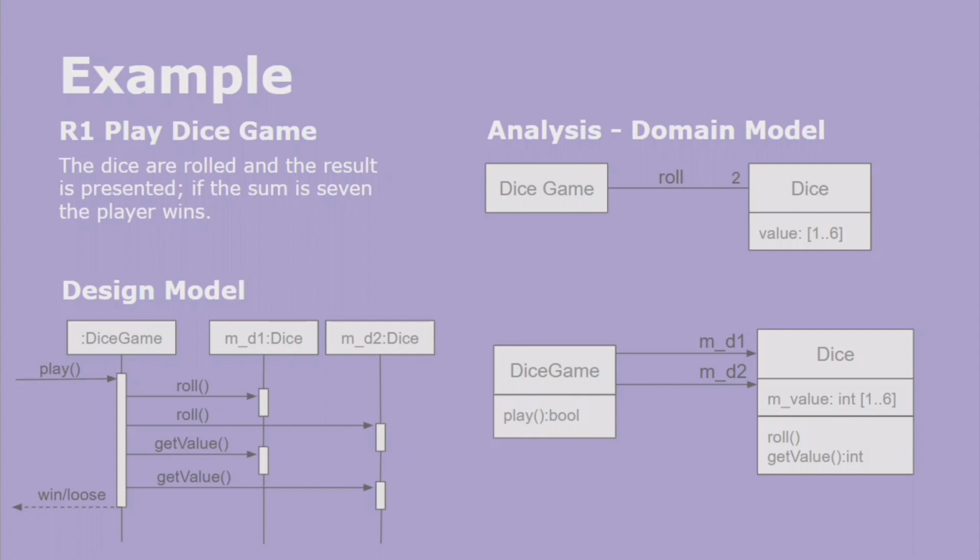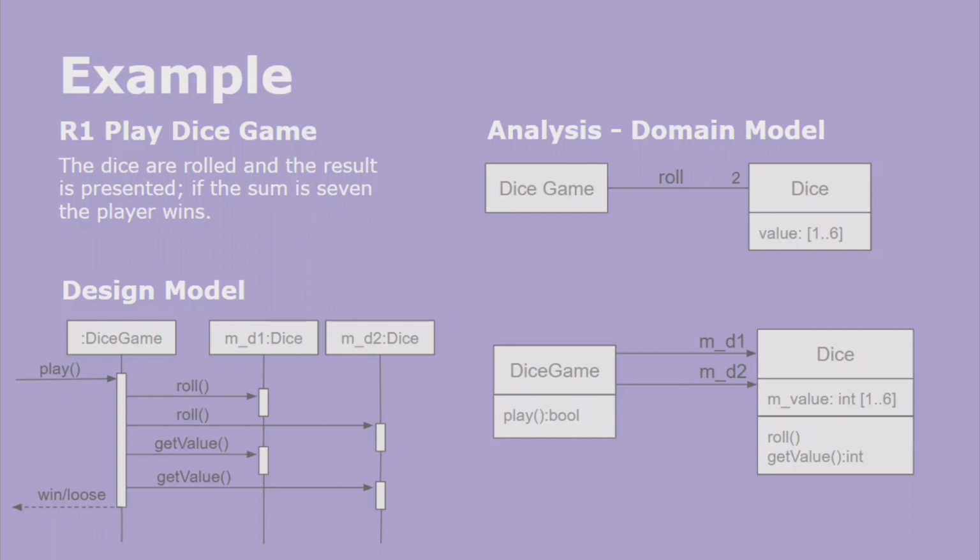The dice has a value attribute. It's an integer. It has a value span of 1 to 6. It has a roll operation. It has the get value operation that returns an integer. And as you can see, we keep the vocabulary here.